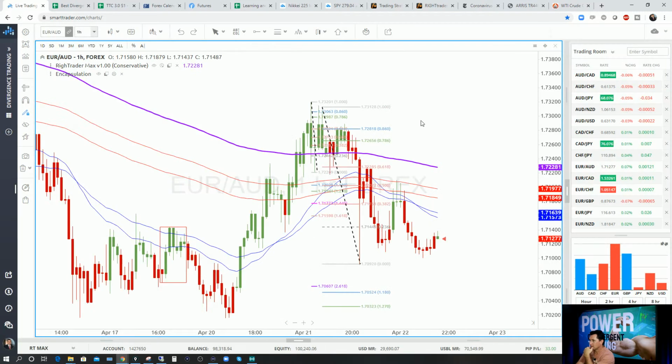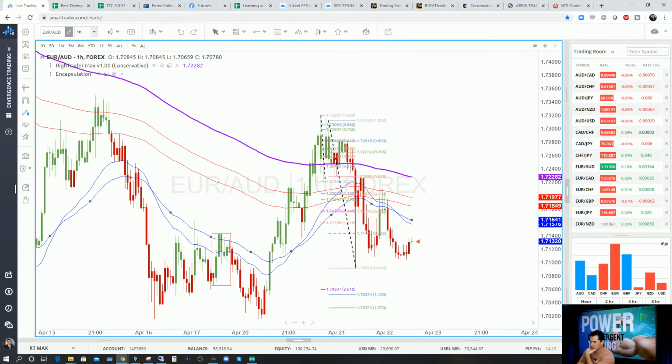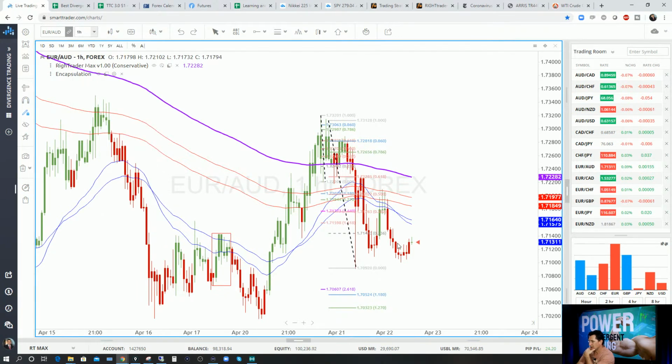All right, so it looks like we have 1 hour confirming that we're slightly bearish on this. What is this? The first time I've seen this candle appearing yet. I don't even know what that is. Oh, that's an encapsulation right here. Okay, I got that. That's a daily encapsulation. All right, so we got this setup right here.